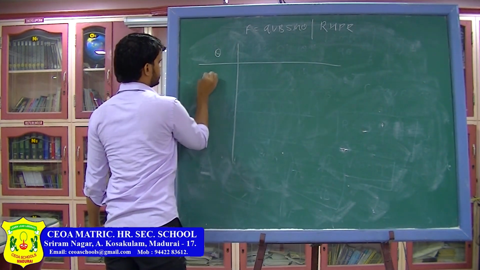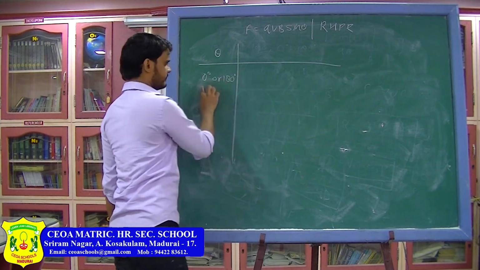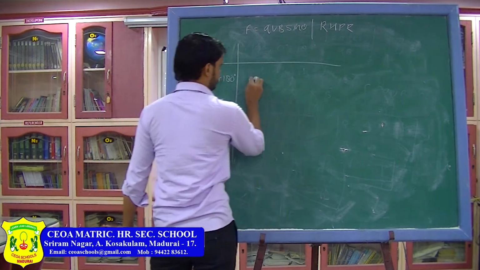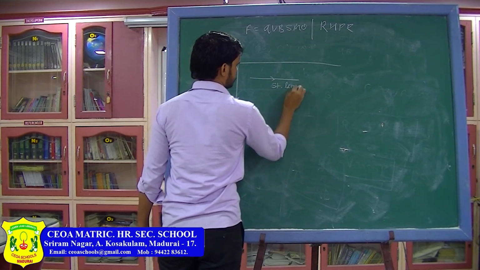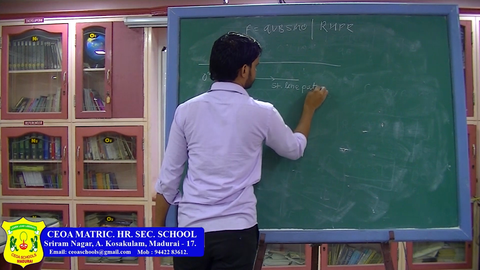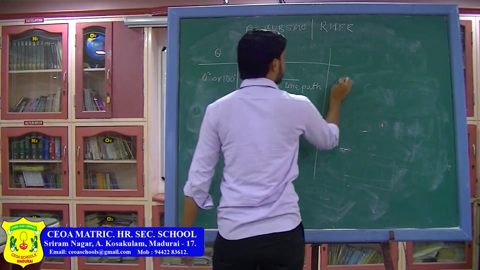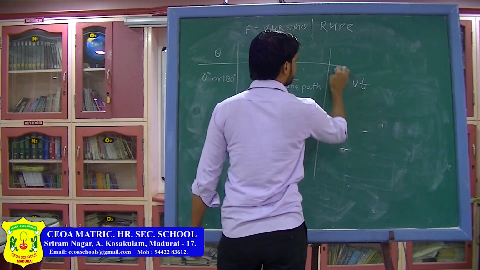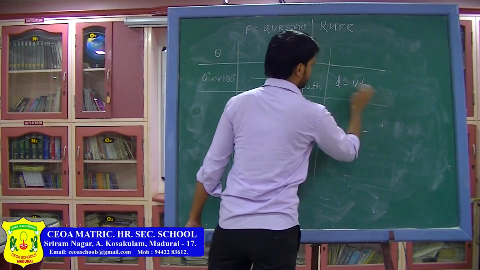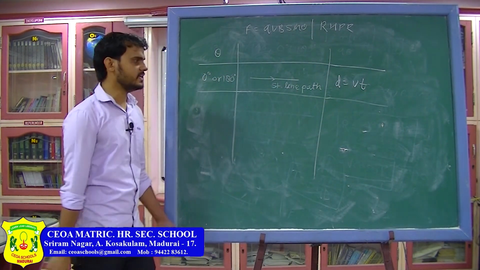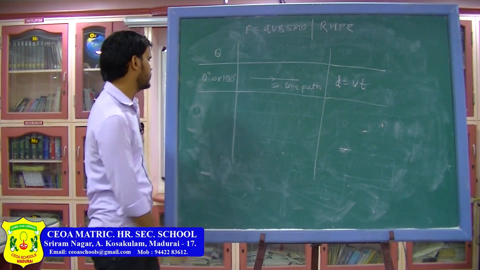First was theta equal to 0 or 180 degrees. The path of the particle is going to be a straight line, and the distance covered can simply be written as v into t, because the velocity of the particle is constant. This is the simplest motion of the particle.